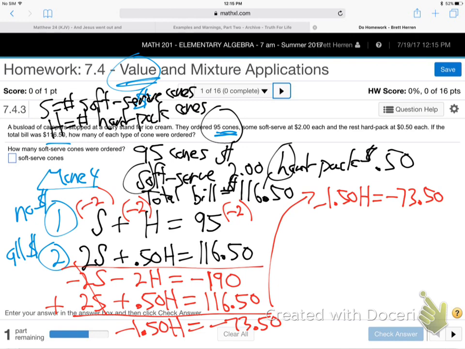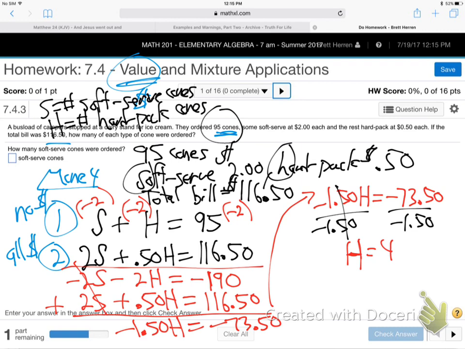Then how do we solve for h? Yep, divide by negative 1.50. So h, what is that? 49?